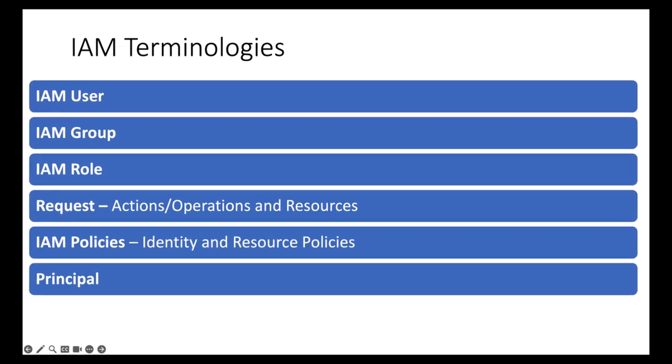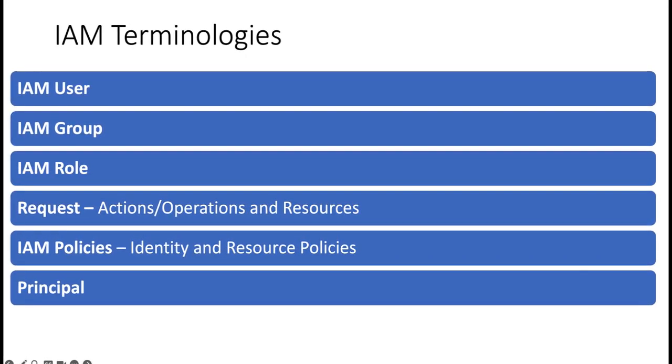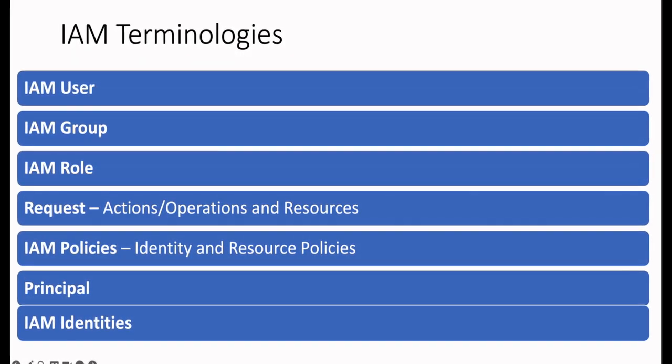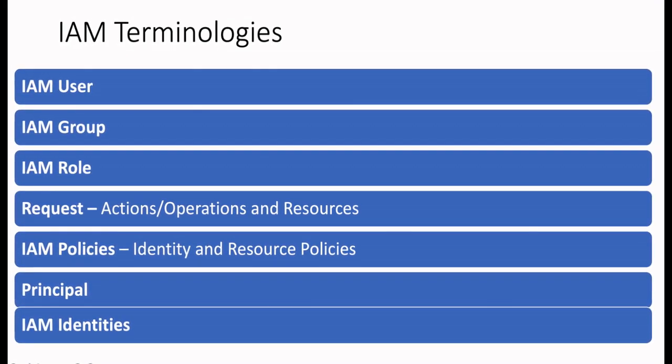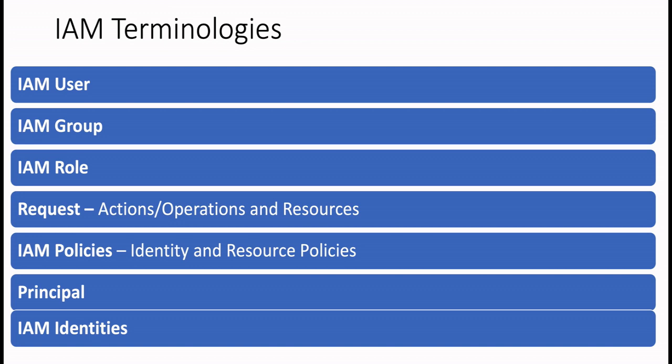A principal is basically a person or application that chooses the AWS account root user or an IAM user, or uses the IAM role to sign in and then make requests to AWS. IAM identities, examples of IAM identities are IAM user, IAM group, IAM roles. These are just entities that have specific identification within your account, and they have certain permissions to perform certain actions.